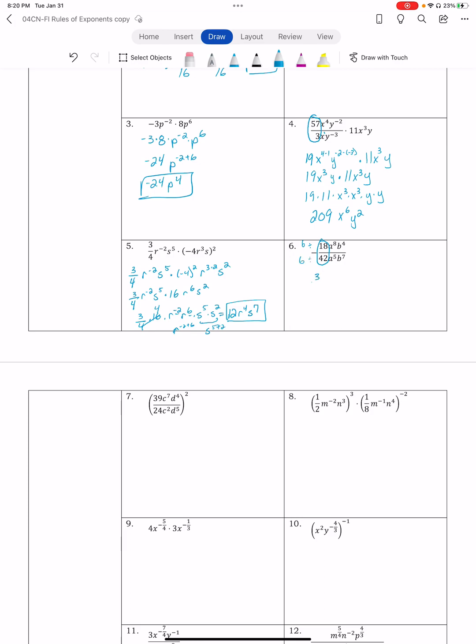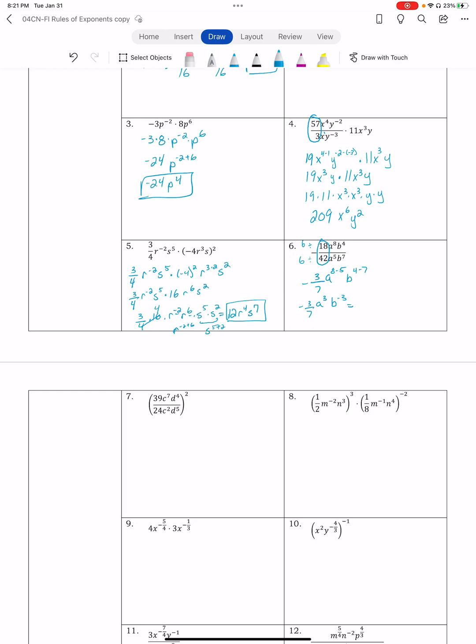So this is going to be 3 over 7. Keep my negative sign. This is going to be a to the 8 minus 5, b to the 4 minus 7, -3/7, a to the 3rd, b to the -3rd.